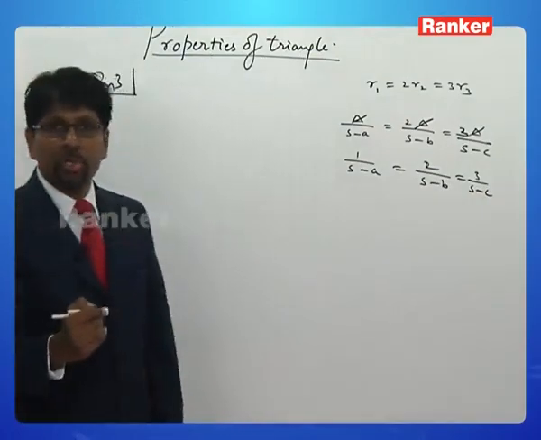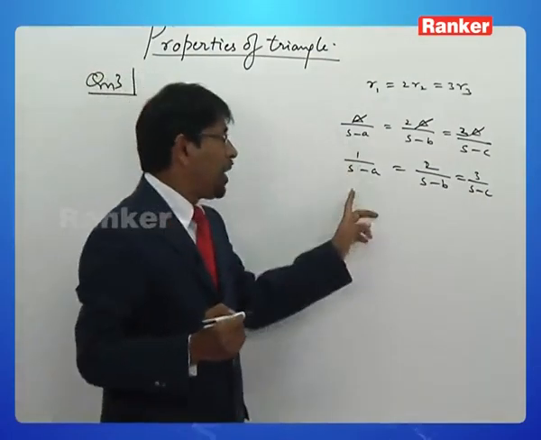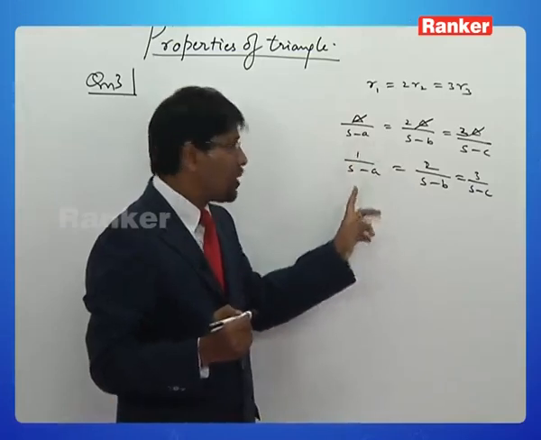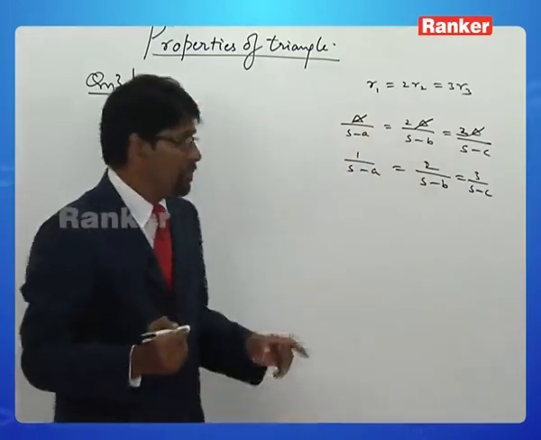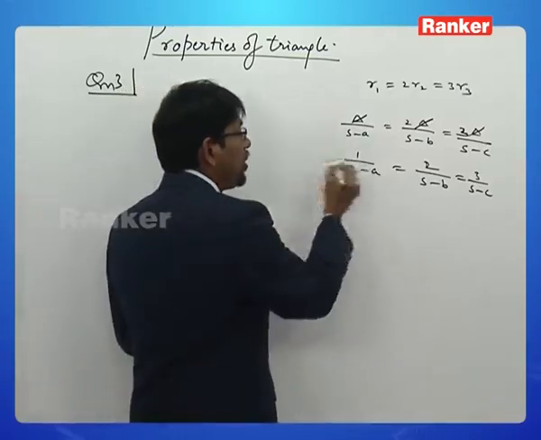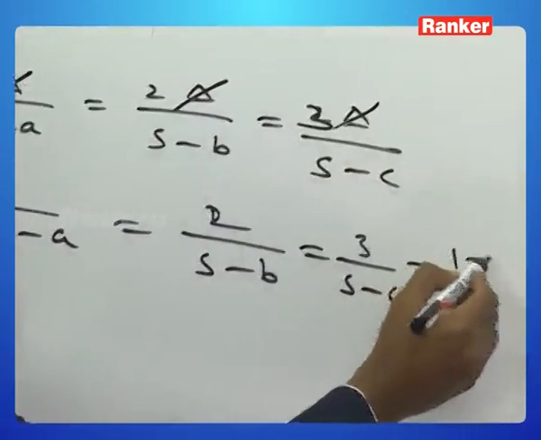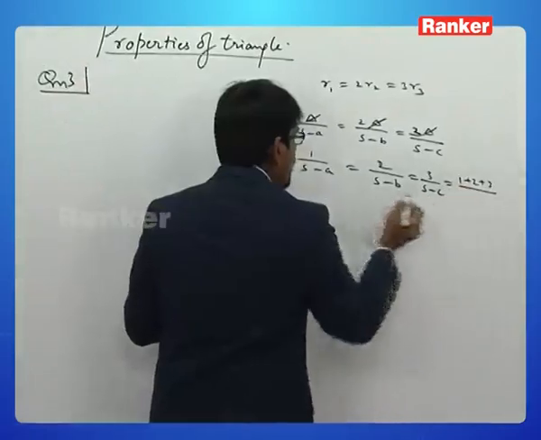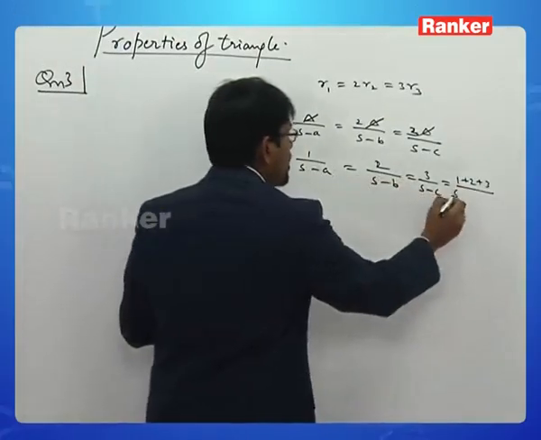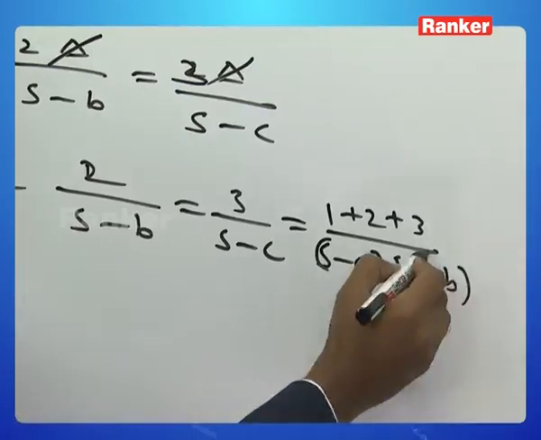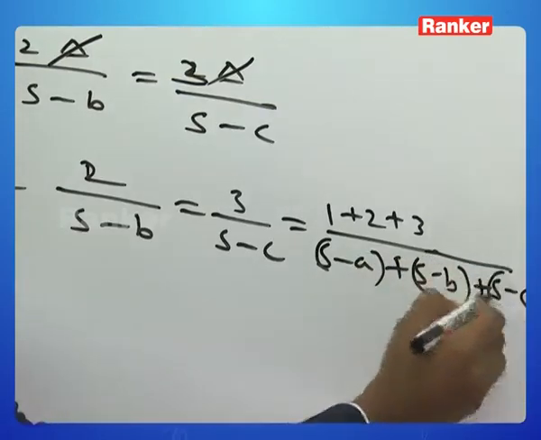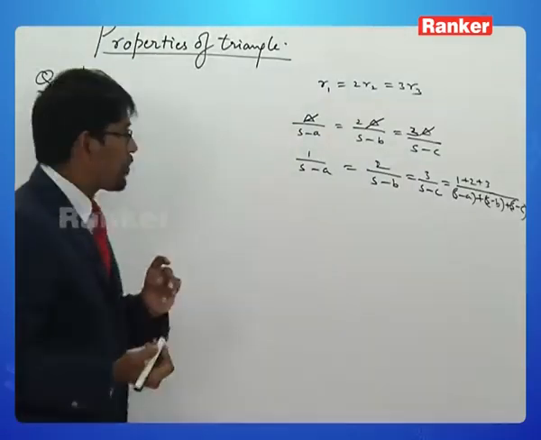By ratio and proportion, you could multiply each of these fractions in the numerator and denominator by some multiplier and add up all of them. So what you do is, you just add up 1 plus 2 plus 3 divided by S minus A plus S minus B plus S minus C. This is by ratio and proportion.